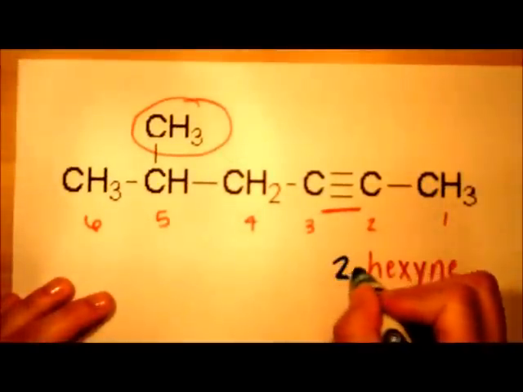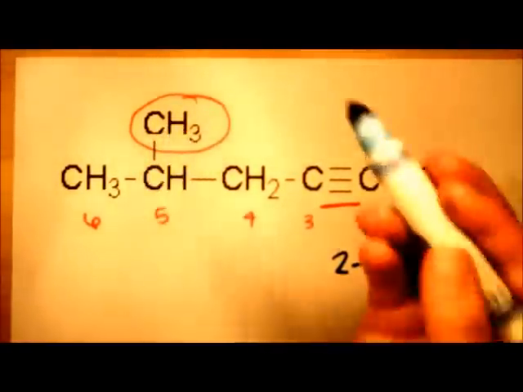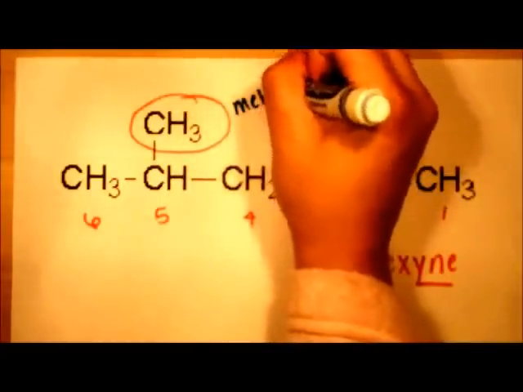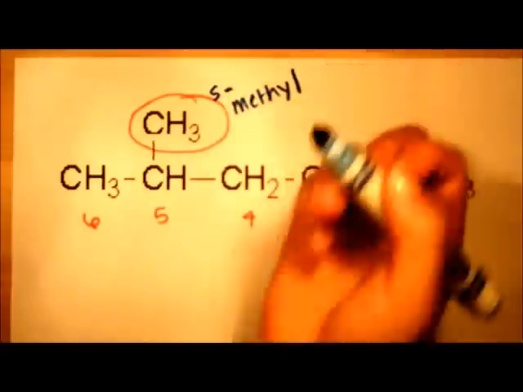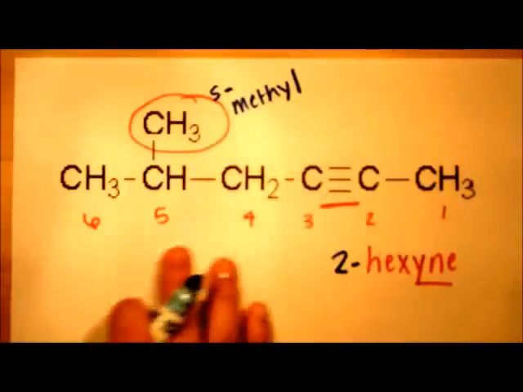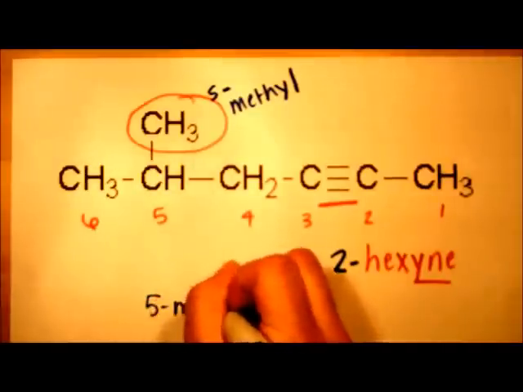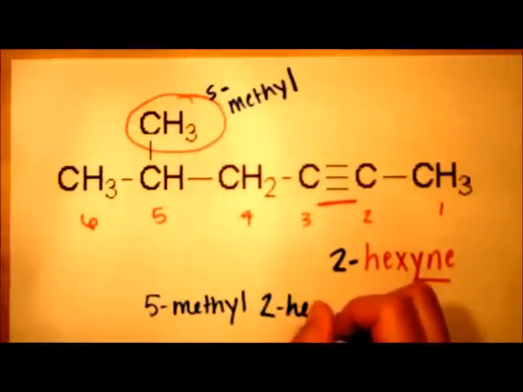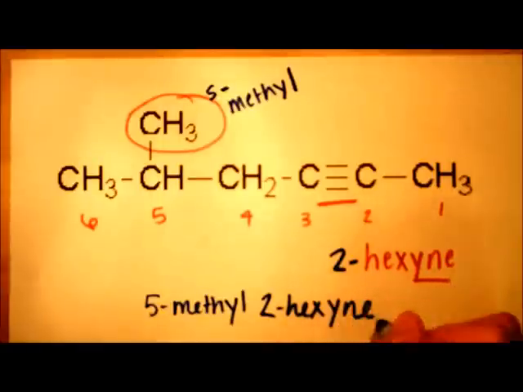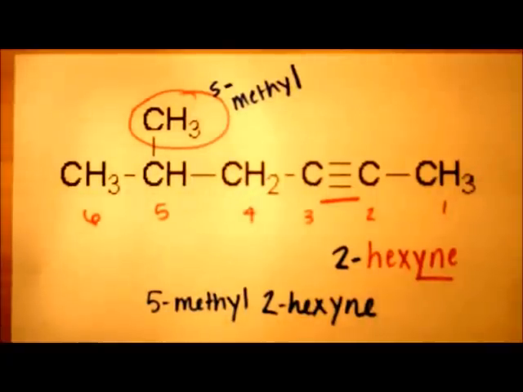So we can go ahead and label that 2-hexyne. And our branch, which we know is methyl from the previous example, we can label at 5. So it would be 5-methyl. So the overall name for this compound would be 5-methyl-2-hexyne. I'm sorry. Okay.